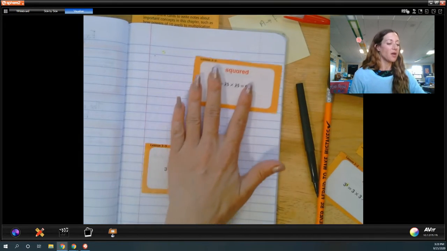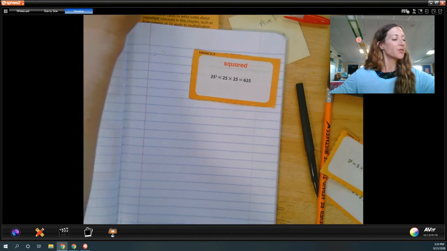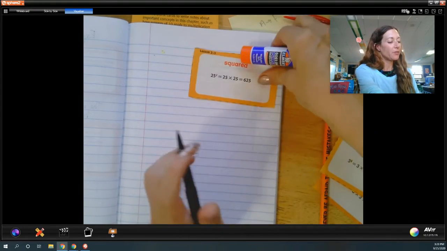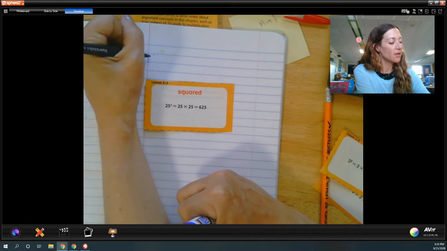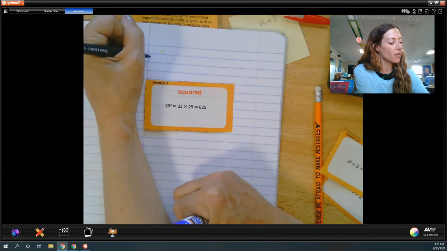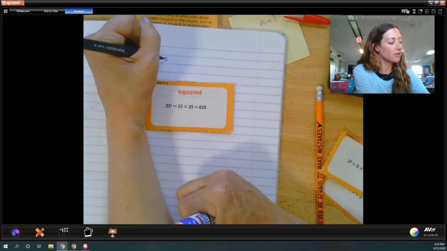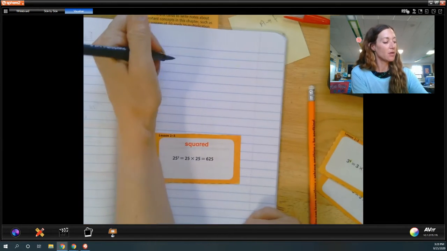So the first thing we're going to talk about is the term, when you hear a certain number squared. Squared means to the second power. So let's use an example, 10 squared. Anything to the second power is going to be that number squared.